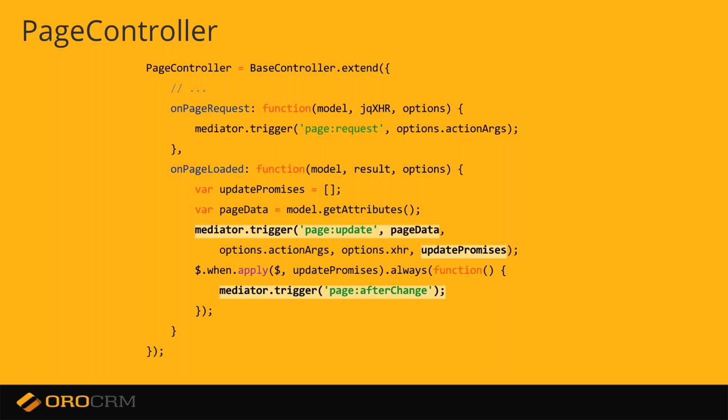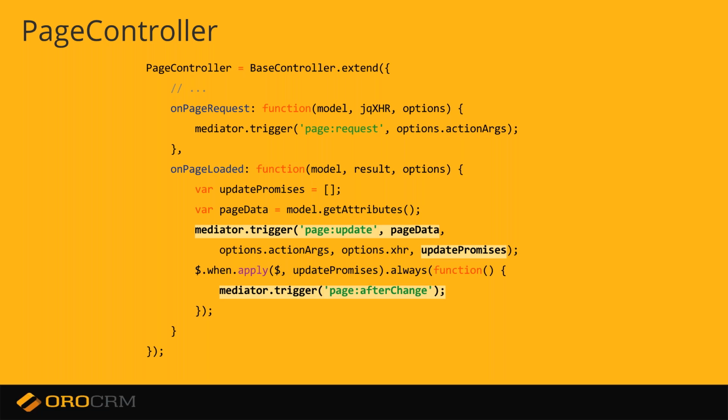Any handler that processes the event can push a promise object into this array. This way, the next event page after change will be triggered once all promises are resolved.